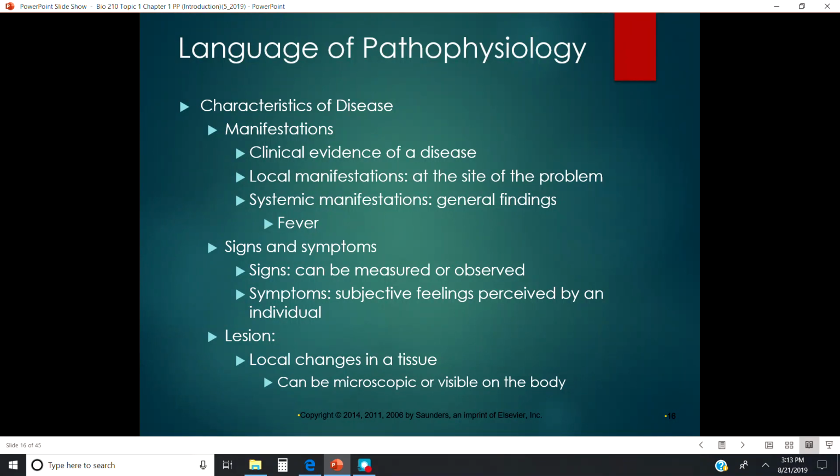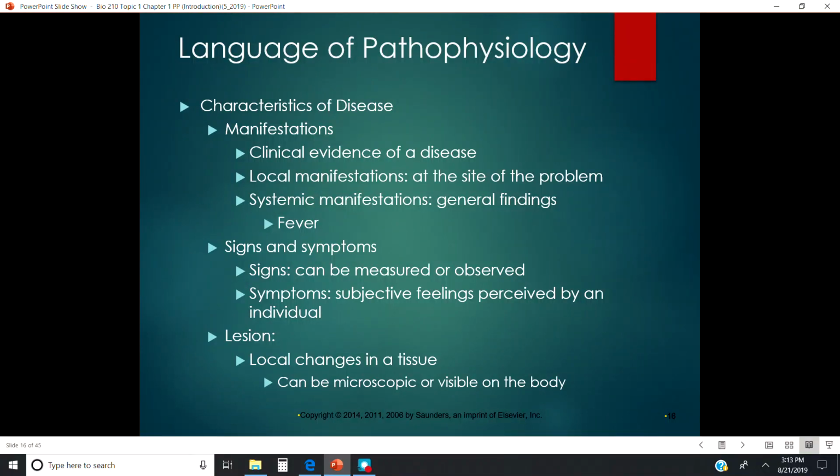If the patient has general findings, like a perfect example would be a fever, that is systemic manifestations, right? So local manifestations would just be the site of the problem, is where you see the signs and symptoms. Think maybe of a mosquito bite, right? If you get a mosquito bite, you're just going to get that welt, right? That swelling where the mosquito bit you. That would be local. Where systemic manifestations, again, fever is a great example. It affects the whole body.